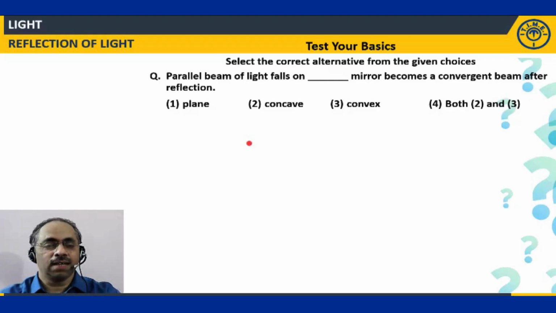Yes, it is a convergent mirror. Which is the convergent mirror? It is the concave mirror which is the convergent mirror. It is not the plane mirror nor the convex mirror. The nature of the images formed in plane and convex mirrors is virtual. Okay, clear?